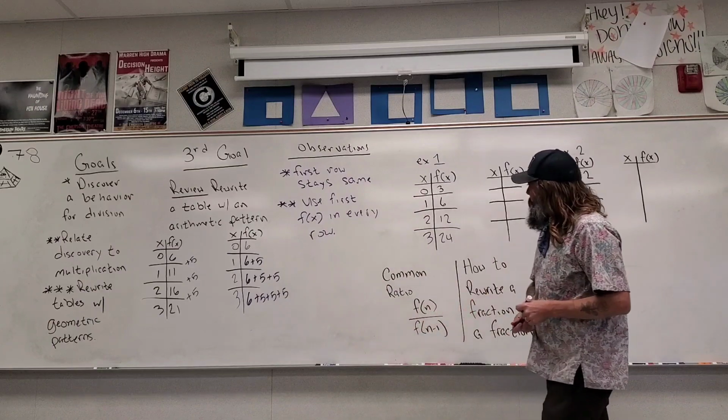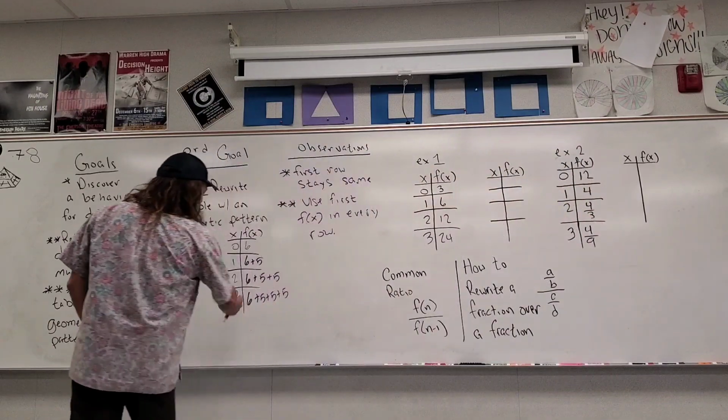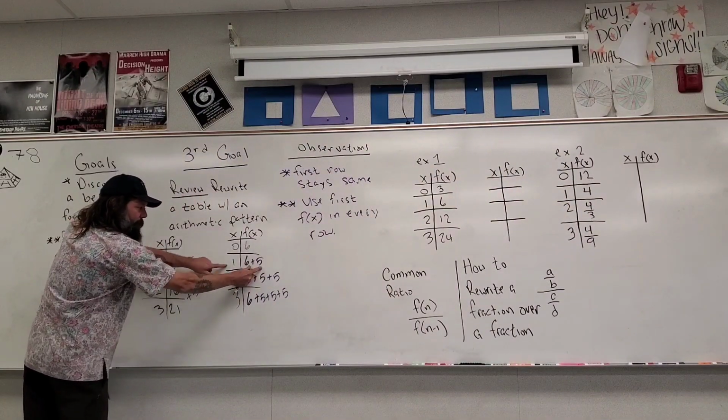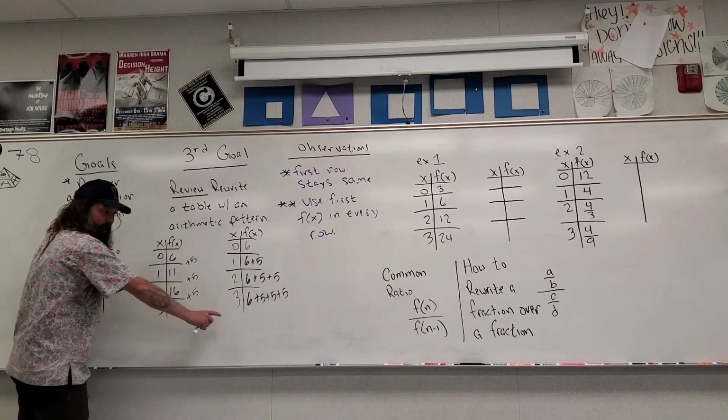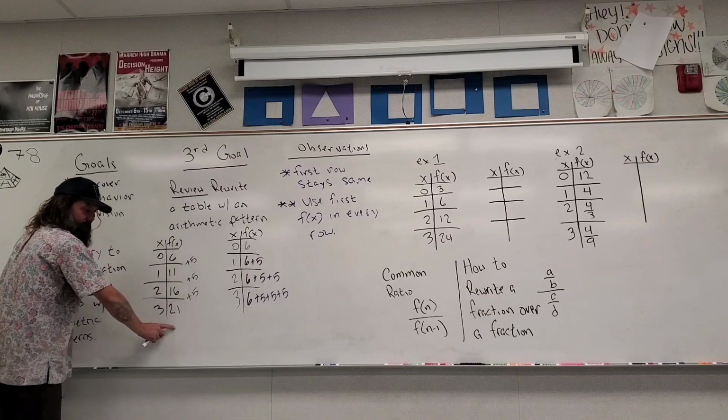I should also point out this row 1 is still equal to 11. Row 2 is still equal to 16, and row 3 is still equal to 21.